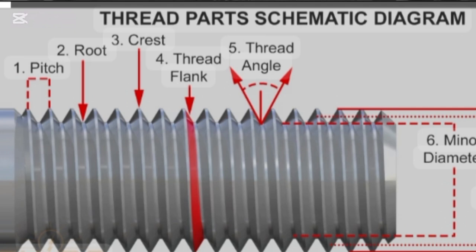M8, the major diameter is 8 mm and the minor diameter is 6.647 mm. Lastly we have M10, where the major diameter is 10 mm and the minor diameter is 8.17 mm.